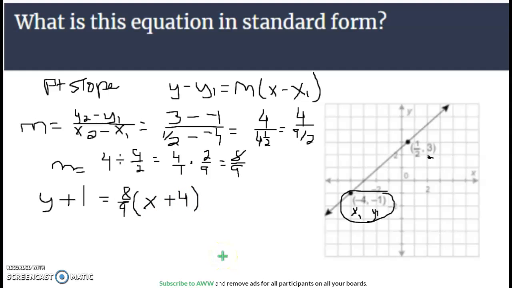Still not done because we have to create this in standard form. First thing we're going to do is distribute the 8/9. So we're going to get y plus 1 equals 8/9 x plus 32/9.